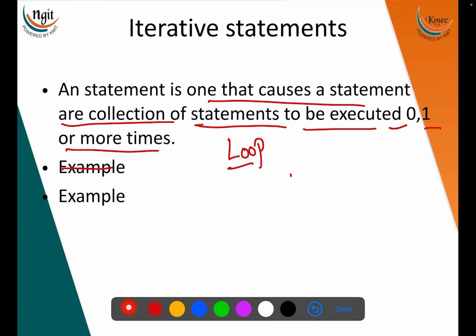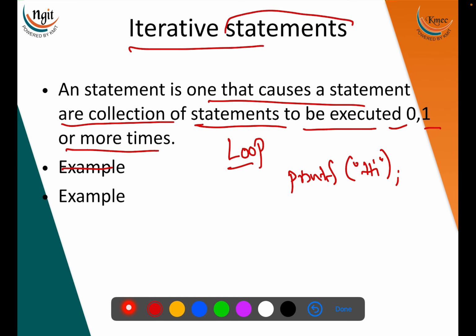If I write printf a single time, it will only be displayed once. But an iterative statement lets a statement be repeated in the program. How can it happen? I have to make this repetition task by using some variables, or by some metrics. What are they?